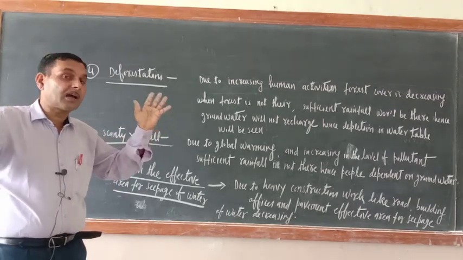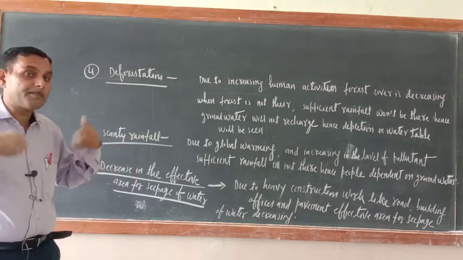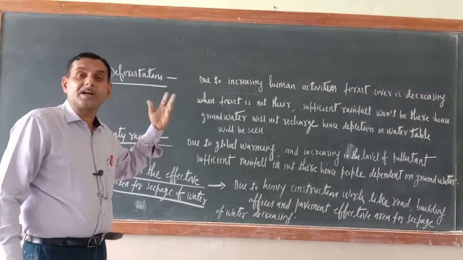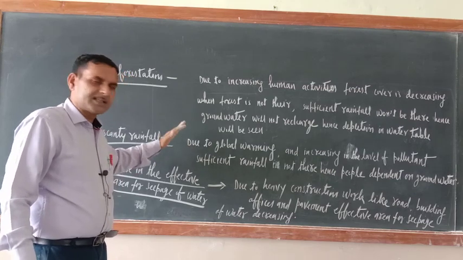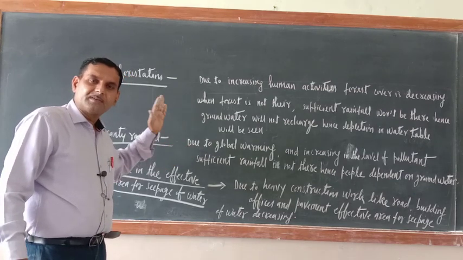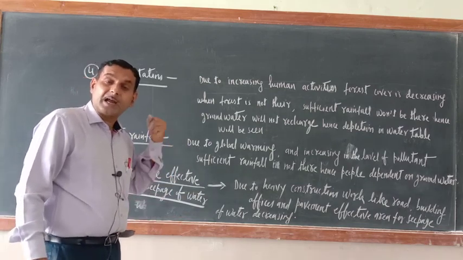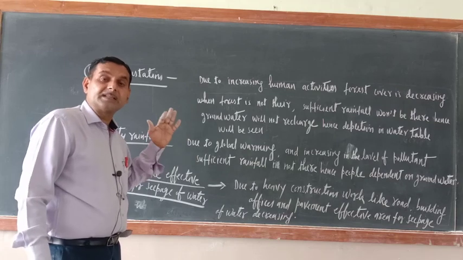When cloud condenses, only then is rainfall there. Now cloud is not being condensed because in the surrounding atmosphere pollutant level is more. So when pollutant level is more, sufficient rainfall won't be there. When sufficient rainfall is not there, people will try hard to exploit the underground water. That is why water table is depleting.